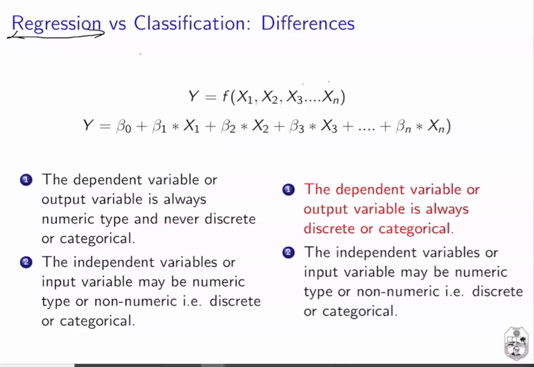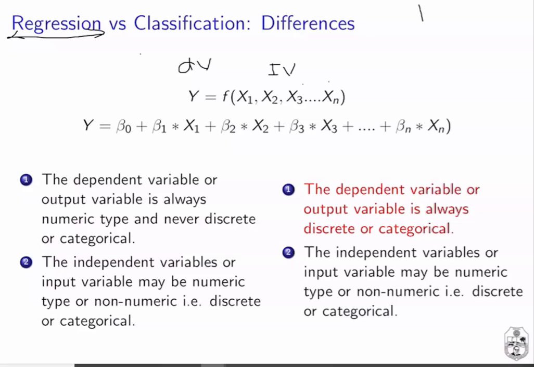We have seen that in regression modeling, our objective is to establish a relationship or a function between the independent variable and the dependent variable.